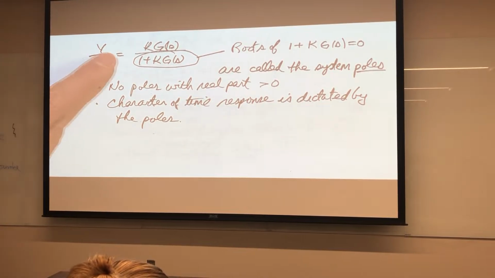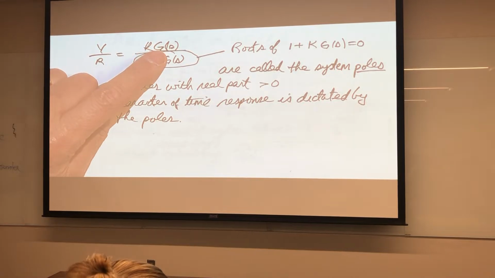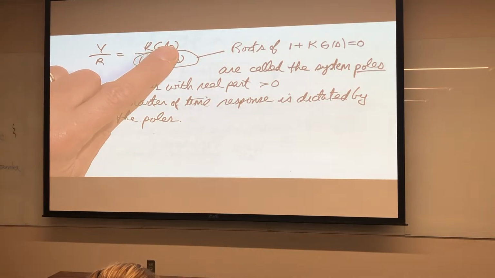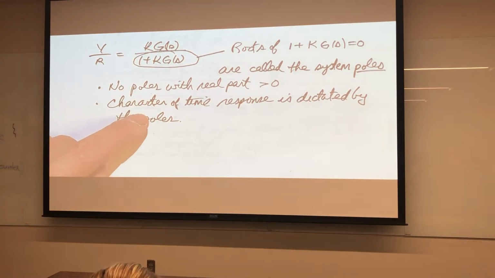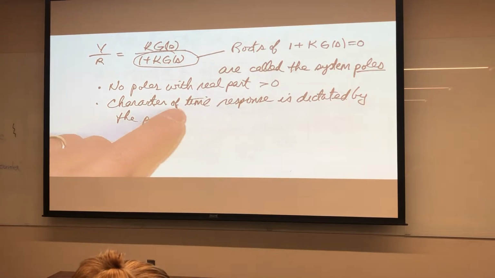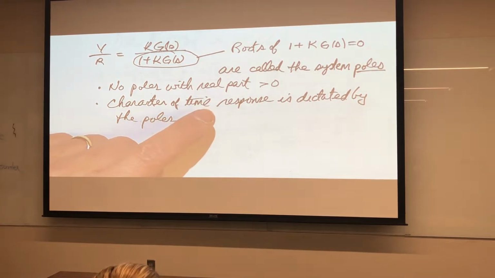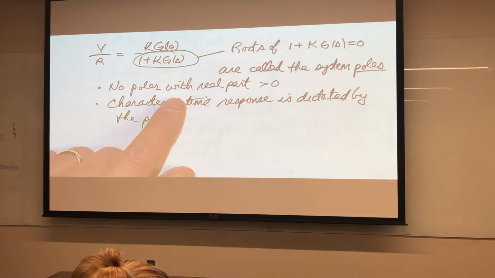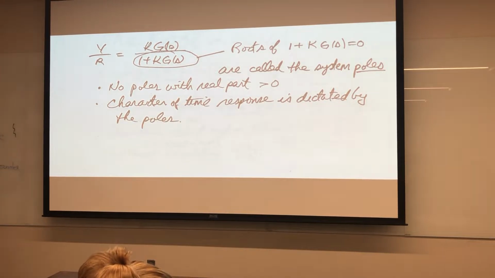The zeros do affect the response, don't get me wrong. We're not ignoring the numerator. But the basic character of the response, whether it blows up or whether it decays, is dictated by the poles. And that's why we have this conclusion that we should have no poles with a real part greater than 0.